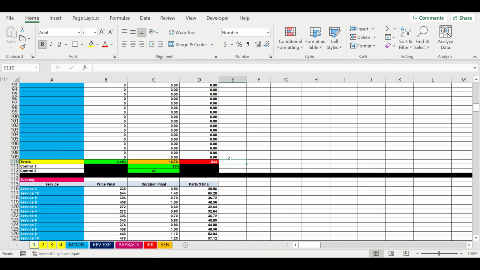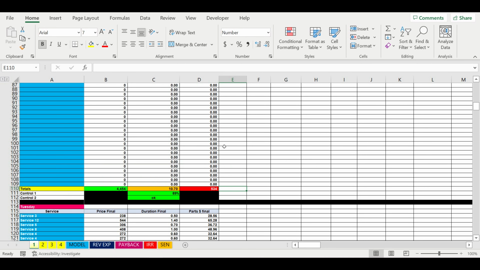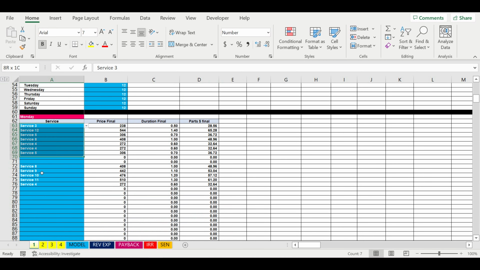They may face very bad surprises, because they will never reach the revenues that they planned inside the financial model. So it's better to start creating typical schedules like this.